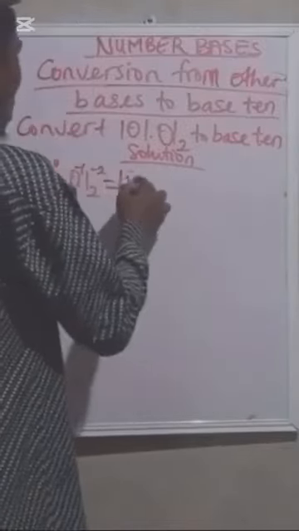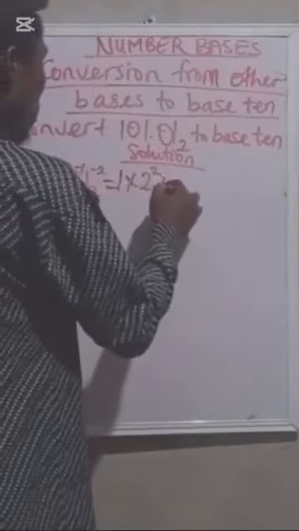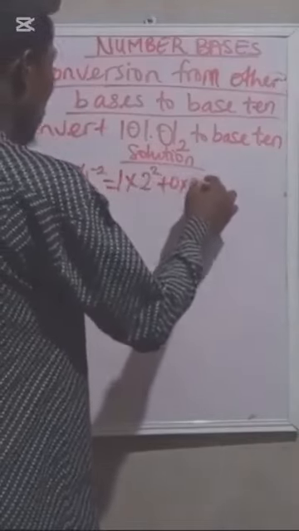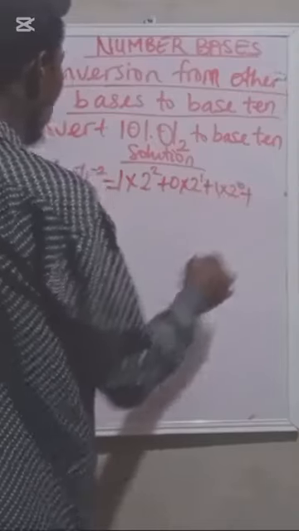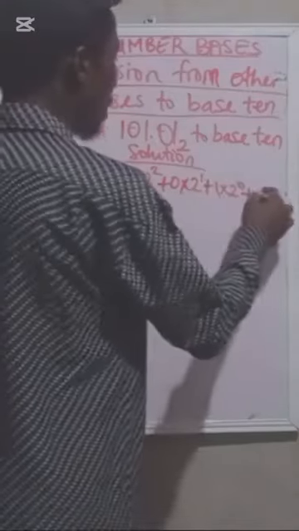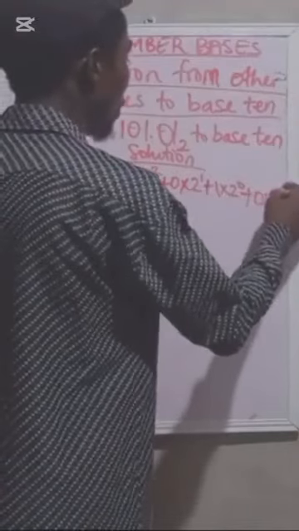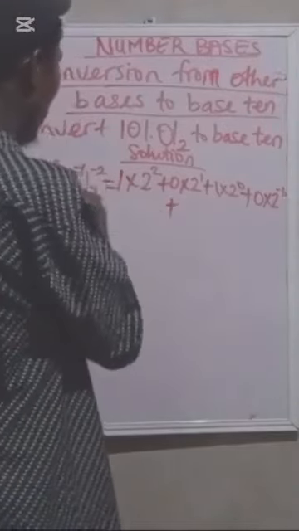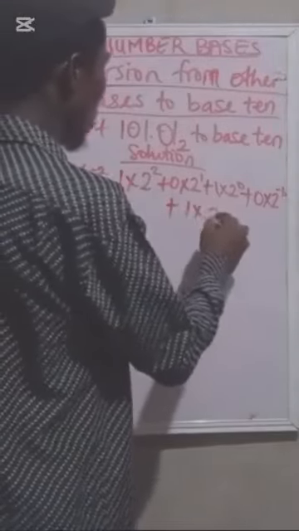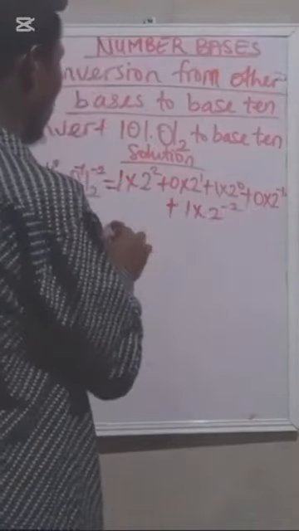So it's now going to be 1 times 2 raised to power 2, plus 0 times 2 raised to power 1, plus 1 times 2 raised to power 0, plus 0 times 2 raised to power -1 according to what we wrote here, plus 1 times 2 raised to power -2.